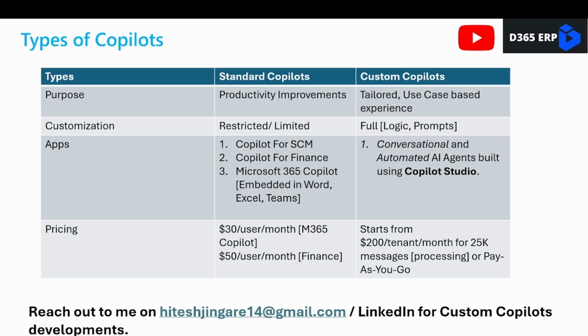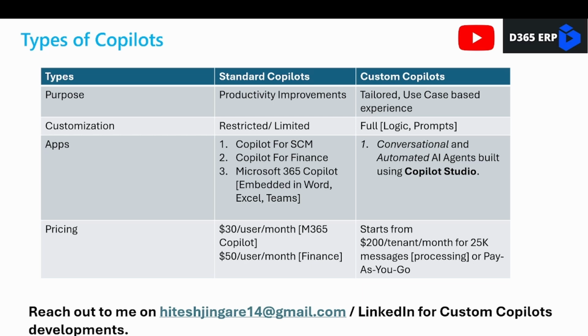Talking about pricing, as I said, some out of the box Copilot features in SCM and finance are available within our existing F&O licenses, the F&O, SCM and finance license, or the team member license. For some features, we need an M365 Copilot license, which is $30 per user per month, and for D365 Copilot Finance, the license cost is $50 per user per month.